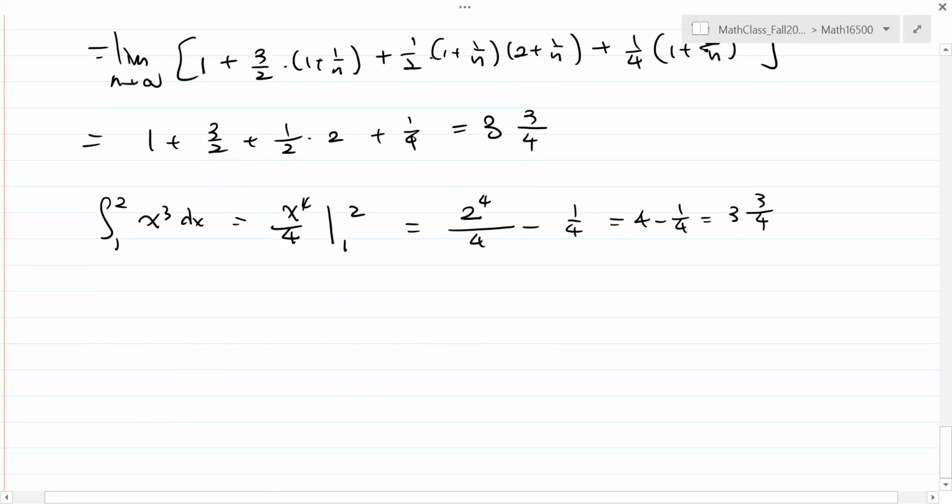But if the function is a linear function, then you don't need to waste time. You can use area to evaluate the integral quickly. So here's a question: the integral from 0 to 3 of 1 minus 2x dx.